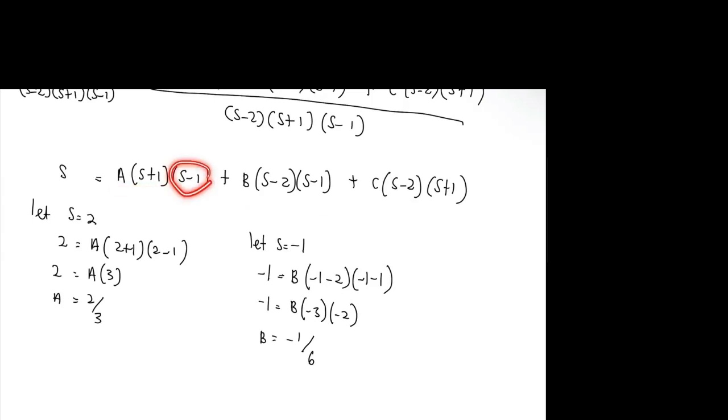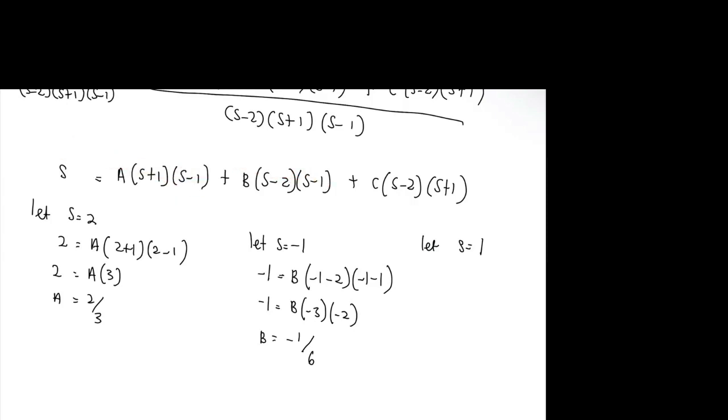So we have S minus 1, S minus 1. So let S equal to 1. So if I have 1, 1, 1, this one 0, 0, here will be 1.